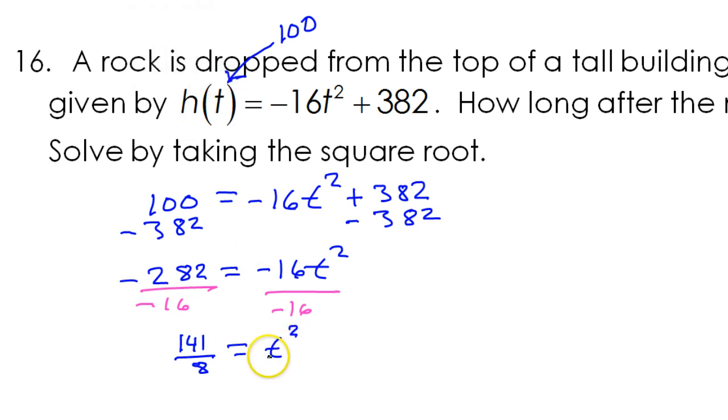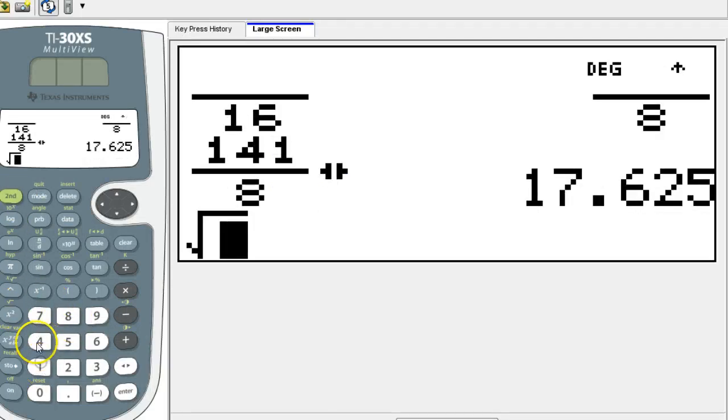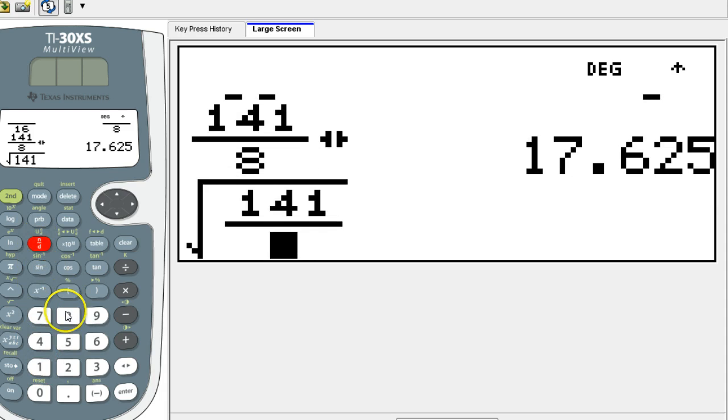But how do we unsquare things to get this t by itself? We take the square root of both sides. So we need the square root of 141 over 8 to get this time. Alright, so the square root of 141 over 8.